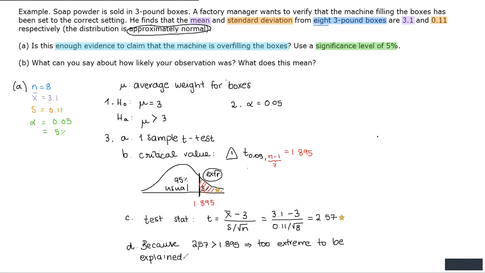Explained by the null hypothesis. That means by a setting in which the average weight is actually equal to 3, which means that I will have to reject the null hypothesis.